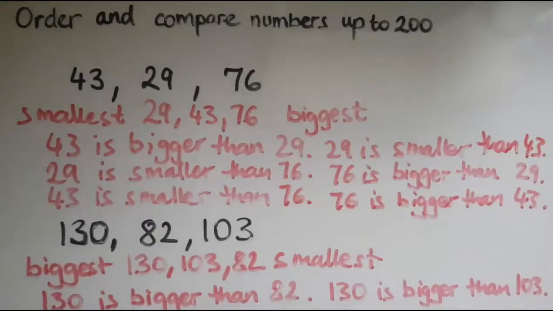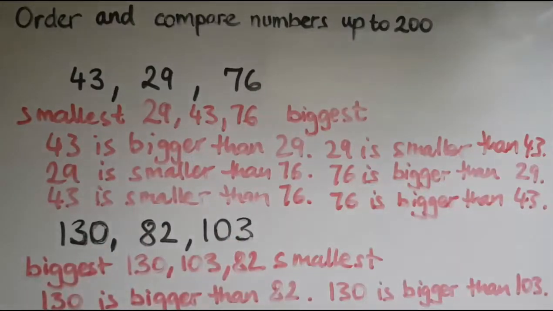And if I am to compare 82 and 103, I'll say that 82 is smaller than 103. 103 is bigger than 82. 130 is bigger than 103. 103 is smaller than 130.